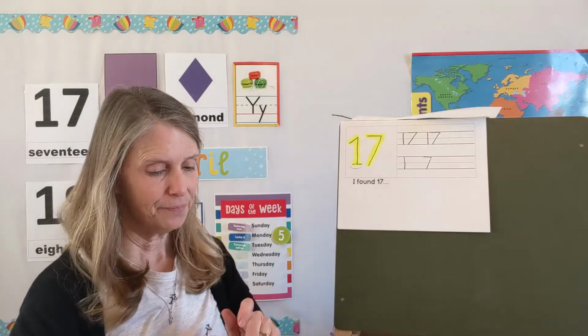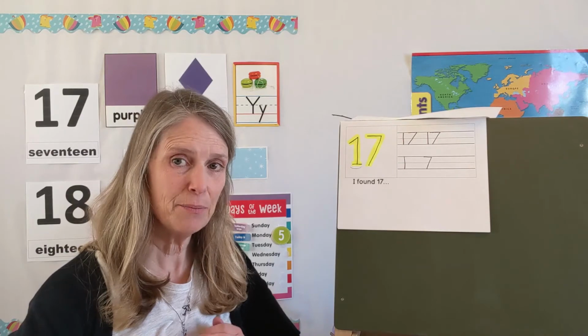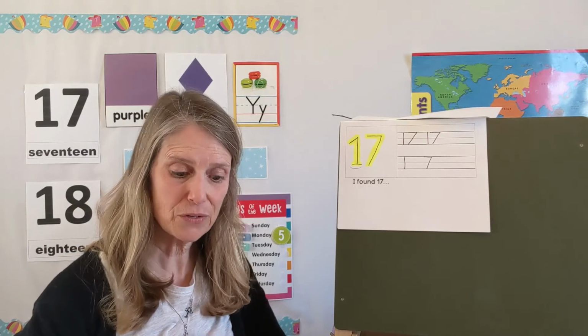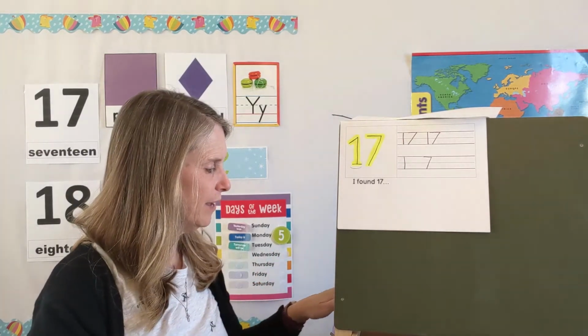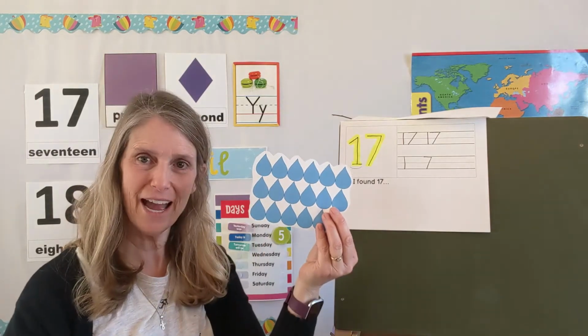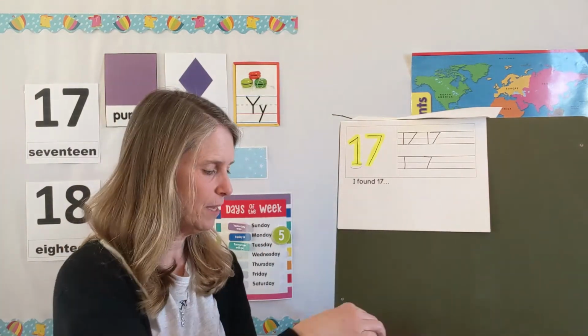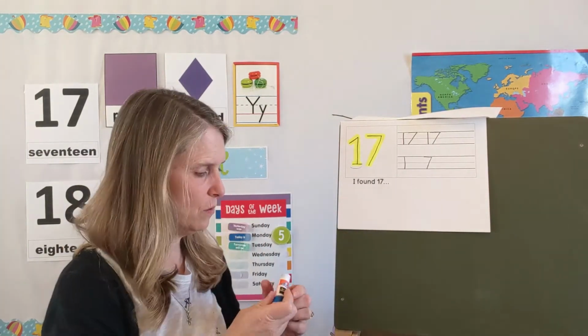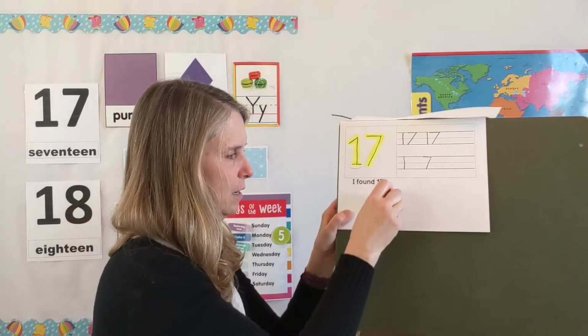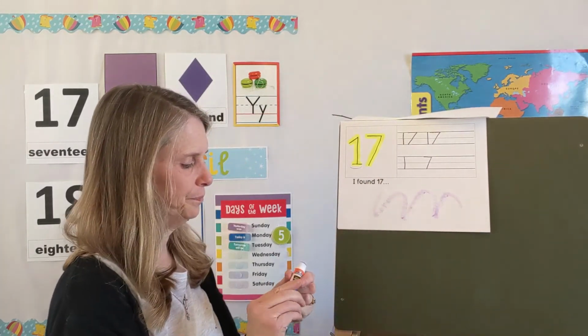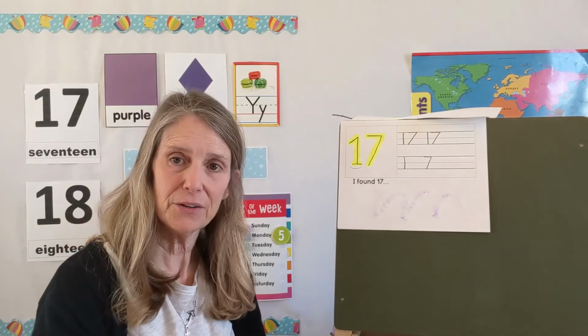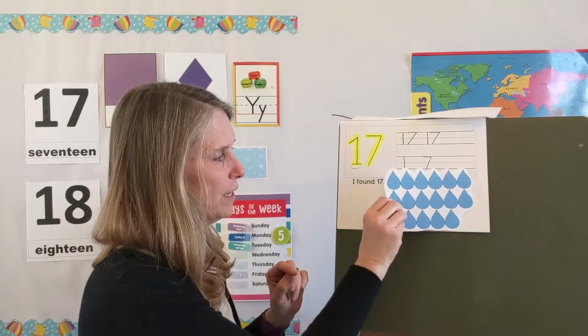Now, like I said, we have a saying that says, April showers bring May flowers. I have April showers to show you today. I have 17 raindrops. So let me put some glue on my paper. And I'd like you guys to help me count them just to make sure I didn't make a mistake.